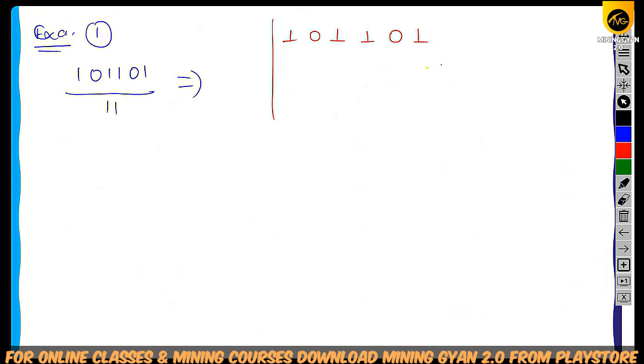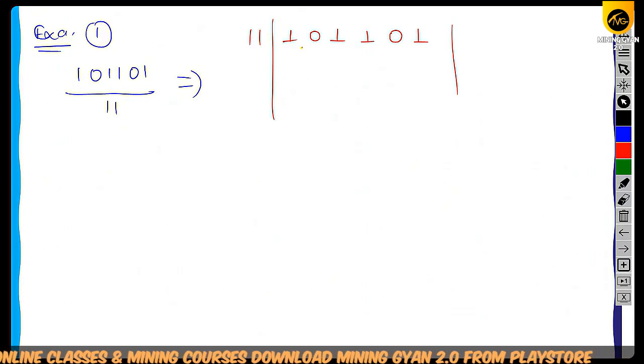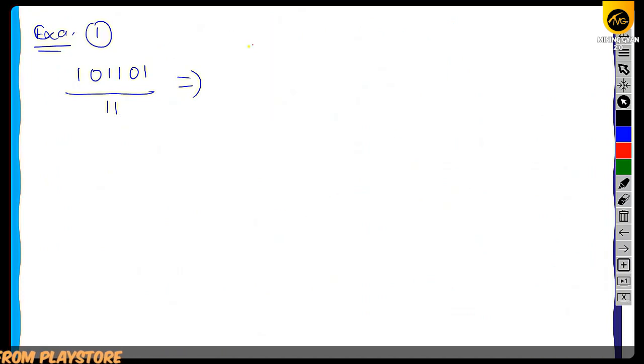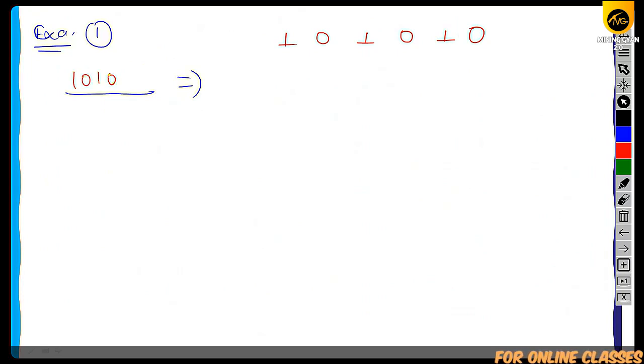Okay, let's assume the example is like 101010, okay, 101010 divided by 110.